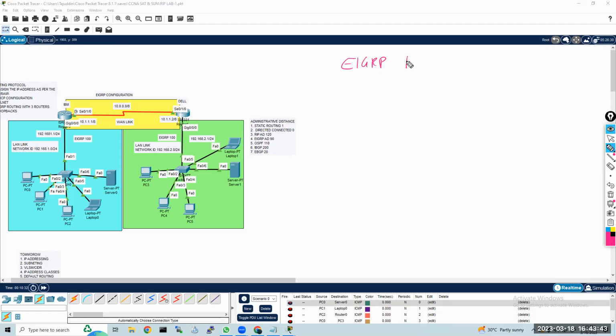Now EIGRP packet types. There are five types of packets in EIGRP. The first is hello. The second is update.